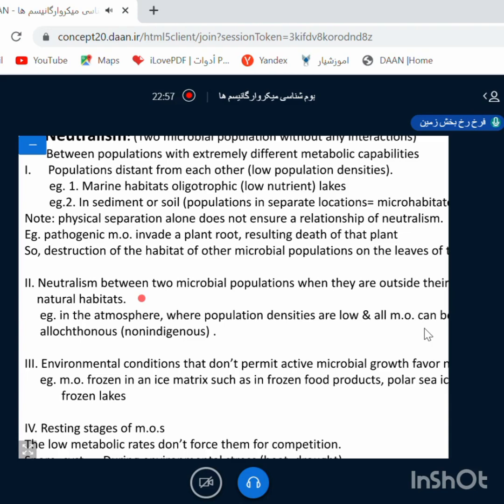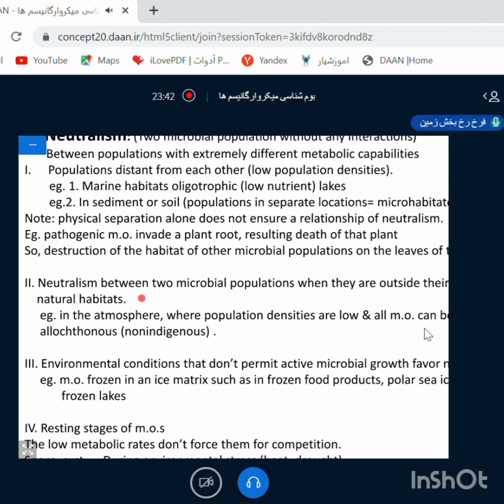When two populations come into a non-native habitat, their interactions tend to neutralize. Suppose a wind comes and two populations from soil go into the air. Their interactions, because this habitat is not a good place for their life, because their metabolism comes down close to zero, accordingly come to zero.